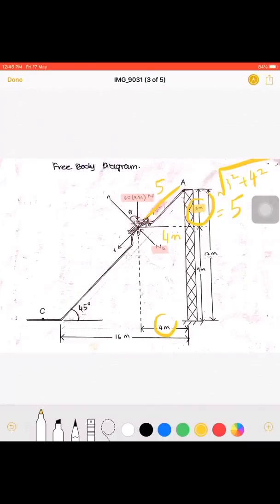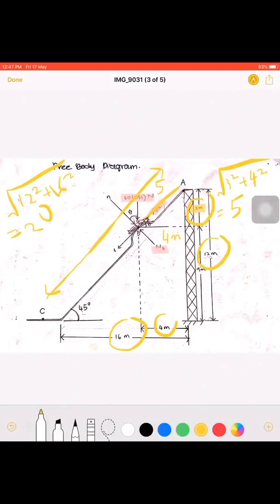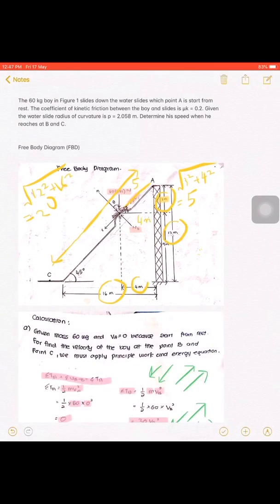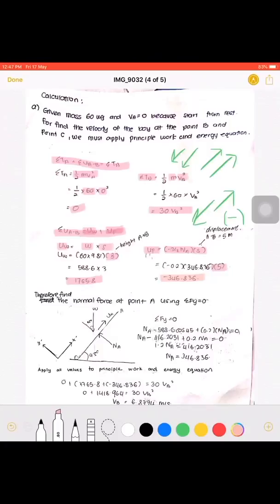Then we can also get the total hypotenuse of this part, using the same thing, 12 meter squared plus 16 squared, which makes it 20. So that's how we get the 5, and this is the answer for it.